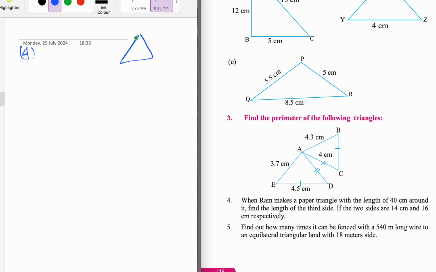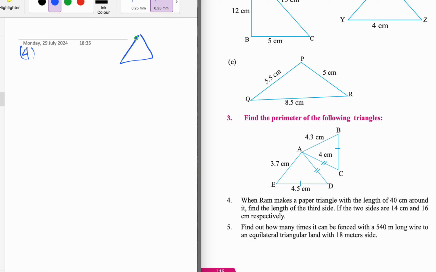We need to find the length of the third side. Suppose this side is 14 centimeter and this side is 16 centimeter. We know a triangle has three sides.